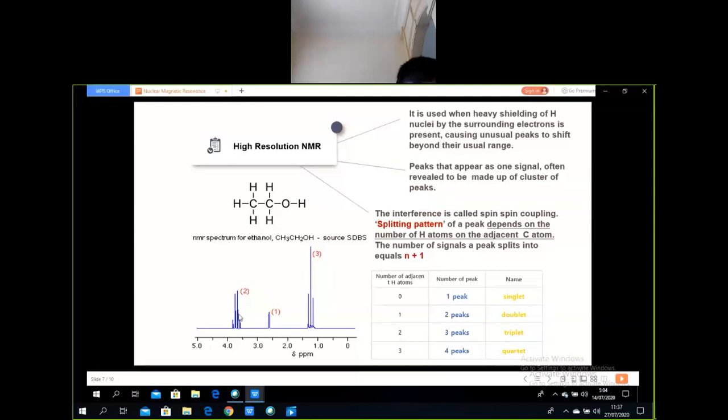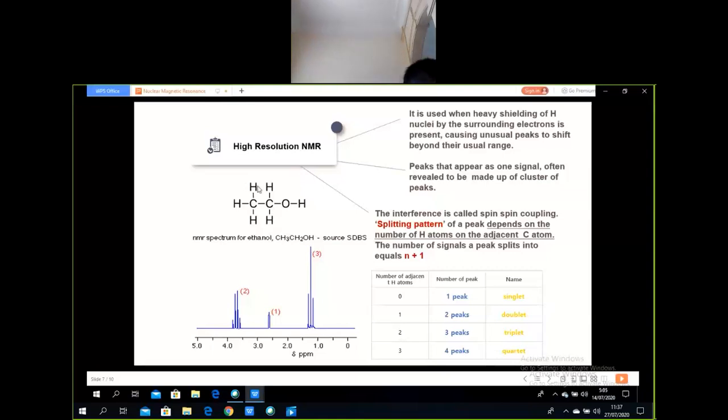And then for this one, the alcohol OH, it corresponds to the adjacent carbon atom or atoms. In here, in total there are 5 hydrogen atoms.